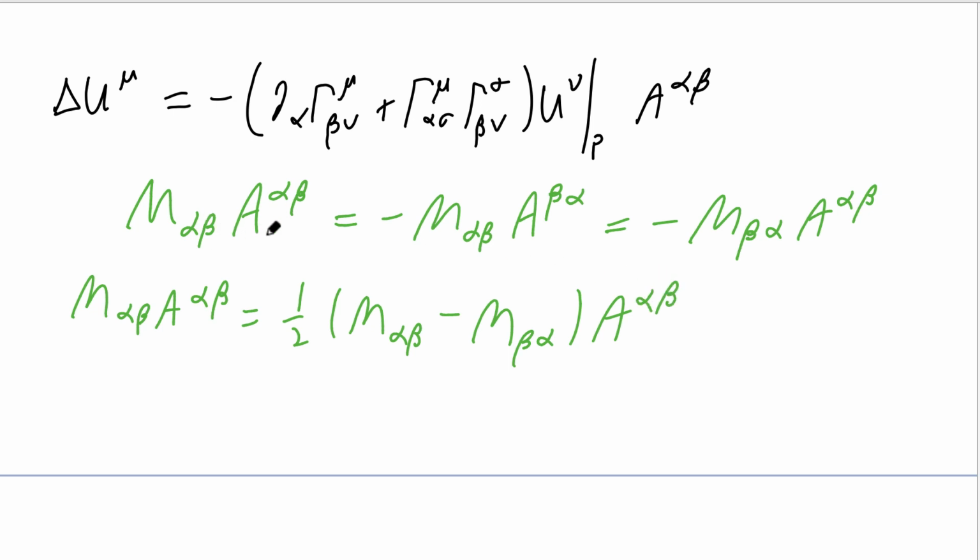So when we multiply m by an antisymmetric tensor A and wire the indices together like this, then it automatically just picks out the antisymmetric part of m.